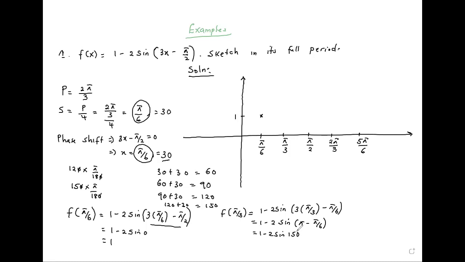So I've converted it to degrees. So what is sine 150? Sine 150 is the same as sine 30 because sine is positive in the first and second quadrant. It's the reference angle. And sine 30 is half. So we'll have 1 minus 2 times half, which is 1 minus 1, which is 0. So we have 0 at pi over 3.